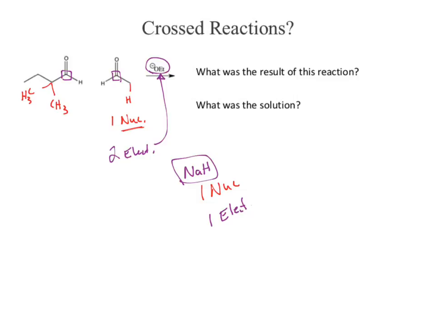It's irreversible is what it is. And so the irreversibility removes the one on the right from reacting as an electrophile. Sodium hydride is an irreversible base, which then means it will remove the hydrogen. Okay, and we would have our nucleophile.